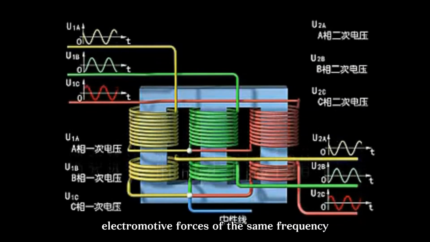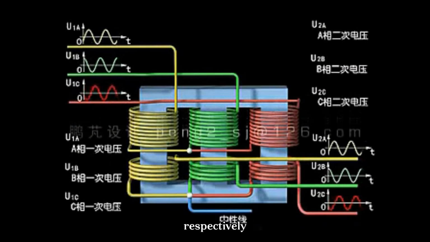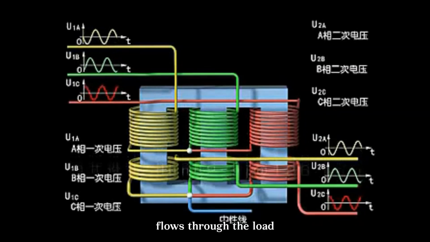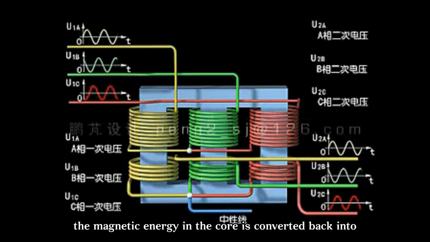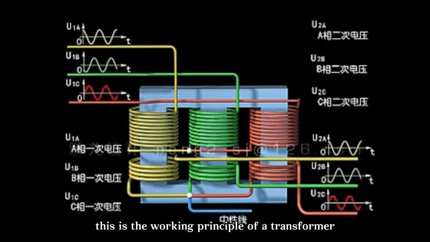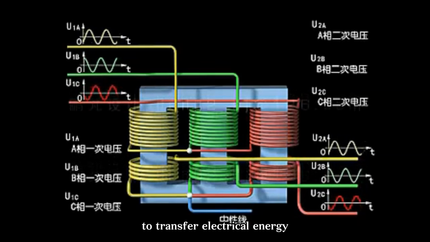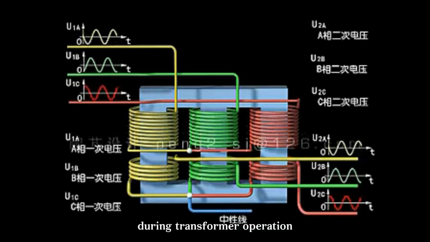Electromotive forces of the same frequency are induced in both the primary and secondary windings respectively. Under the influence of this induced electromotive force, current flows through the load. The magnetic energy in the core is converted back into electrical energy. This is the working principle of a transformer, using electromagnetic induction to transfer electrical energy from the source to the load.